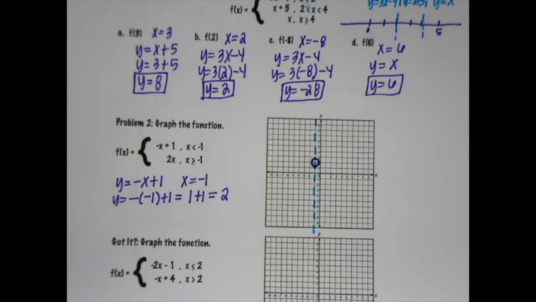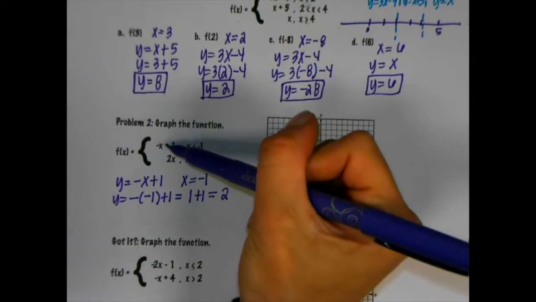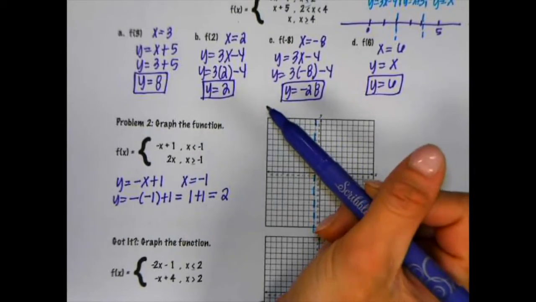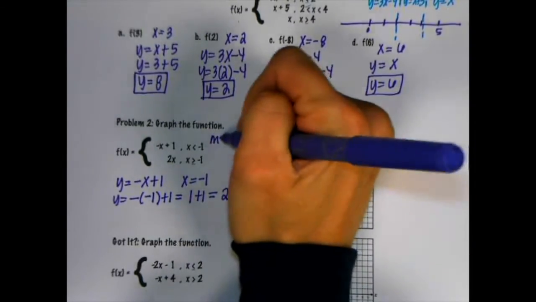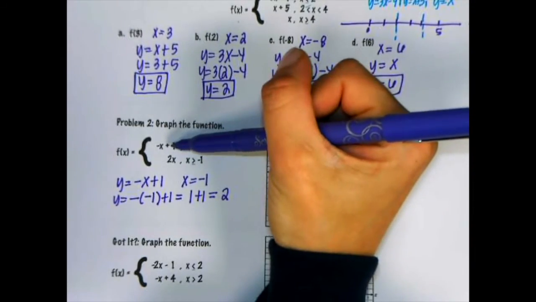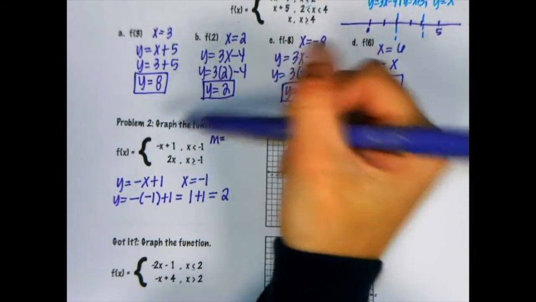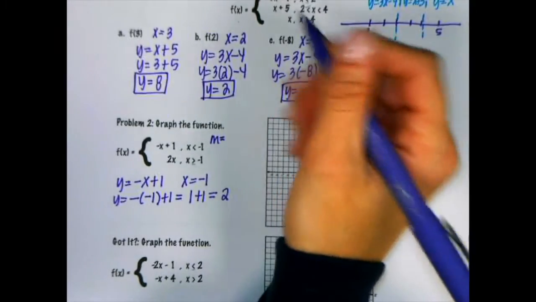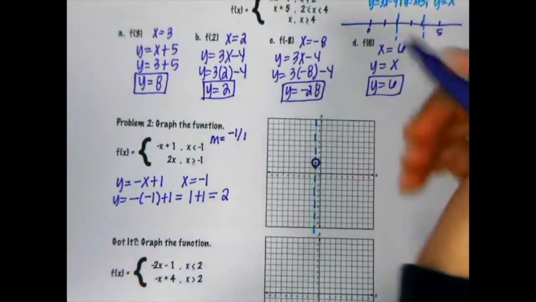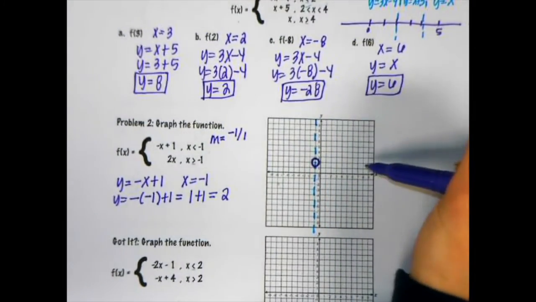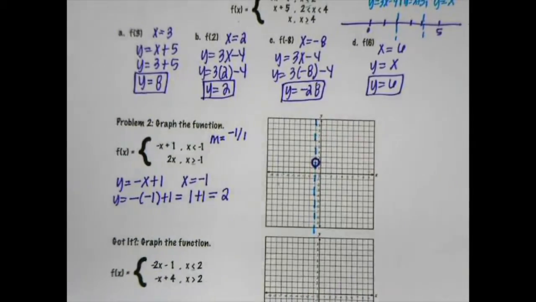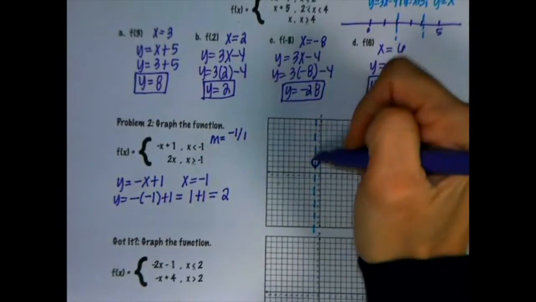And then from there, you can just use your slope to graph your line, okay? So what's my slope of that line? Yeah, -1. So normally I would go down 1 over 1, right? But that's the wrong side of the line, so I just need to reverse it, so I go that way, okay? So here.